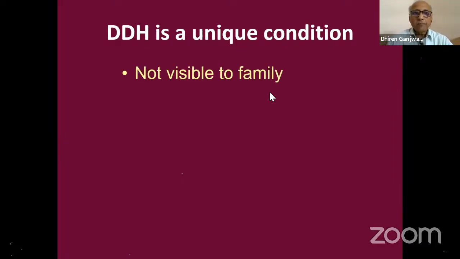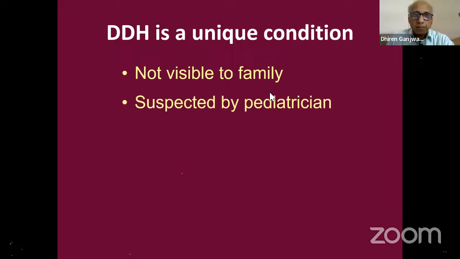So let us understand. The first is DDH is a very unique condition. Why is it unique? Because the condition is not visible to the family from outside. The condition has to be suspected by the pediatrician, because the child is in contact with the neonatologist and pediatrician. So they have to suspect that condition by clinical examination.